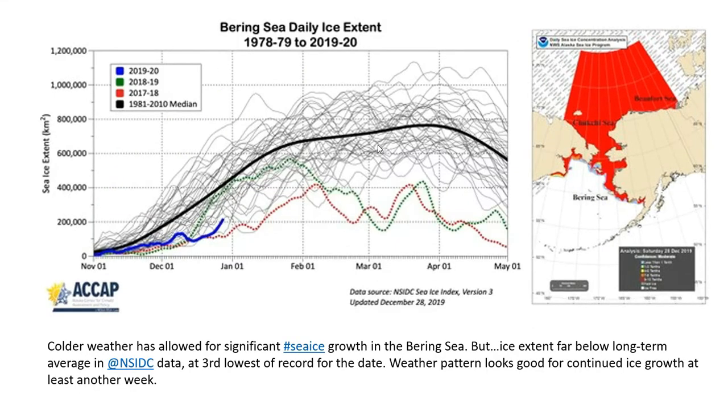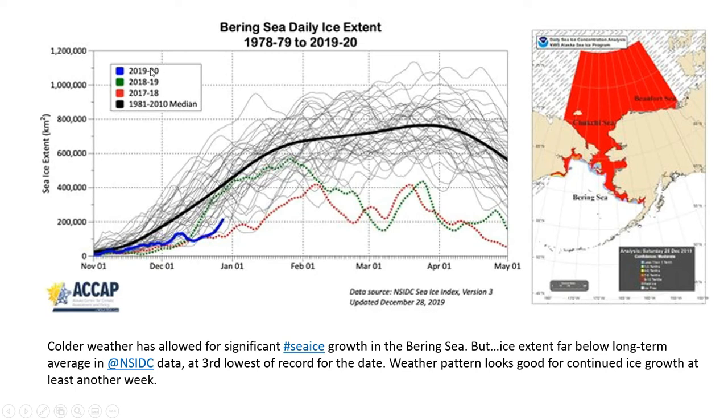Bering Sea daily ice extent, basically over the last 40 years. Again, looking at pretty much the same region. So the black line is the 1981 to 2010 median. If you look at this black line, you can see about half of these light gray lines are above it, half of them are below it. So sea ice extent again in square kilometers.